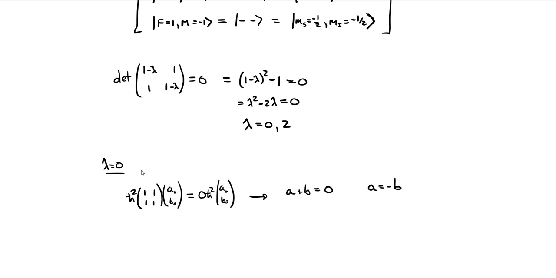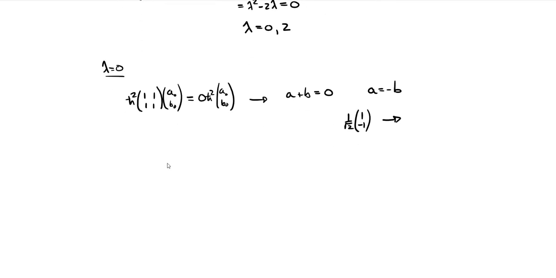And then if we wanted to normalize that, that essentially is saying that our eigenvector is going to be 1 over root 2, 1 minus 1. Or written out, since we're in the uncoupled basis, which is the basis we're trying to diagonalize in, this is 1 over root 2 times plus minus, minus minus plus.